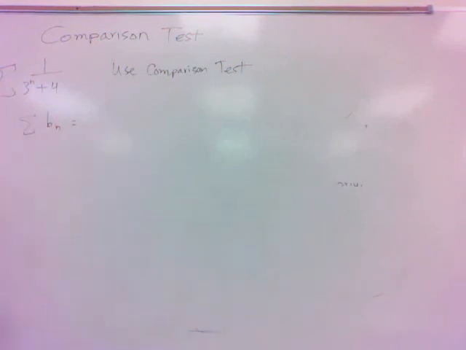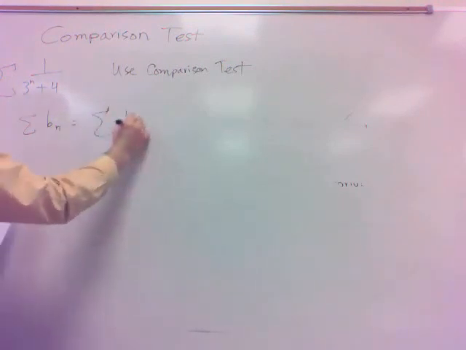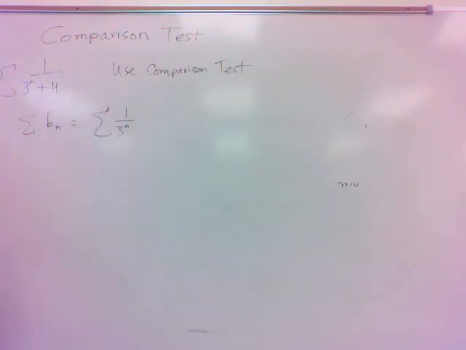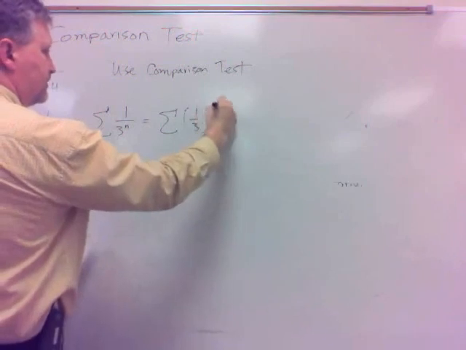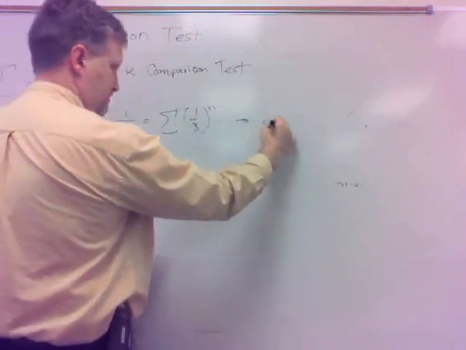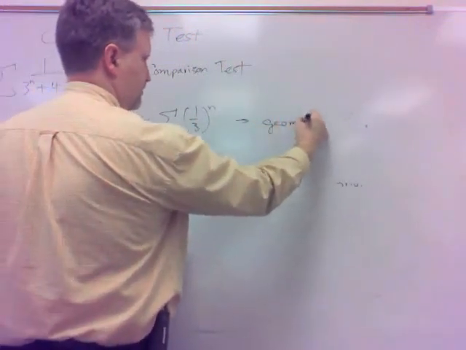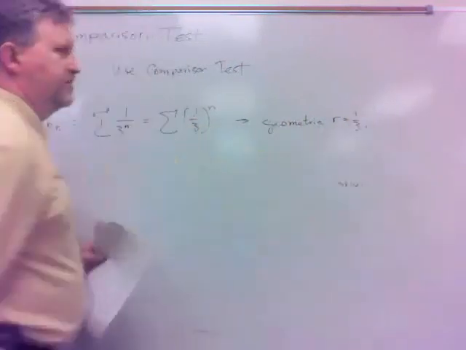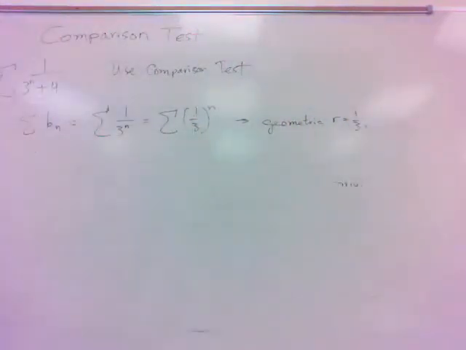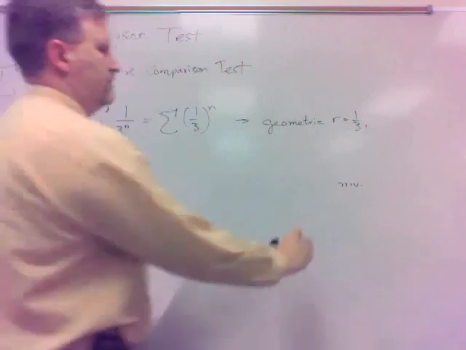What's b sub n going to be? Probably would go with 1 over 3 to the n. What do you know about that series? Well, that's also known as 1/3 to the n, which is geometric. R is 1/3. You know about geometric series with R equals 1/3. It's convergent also.